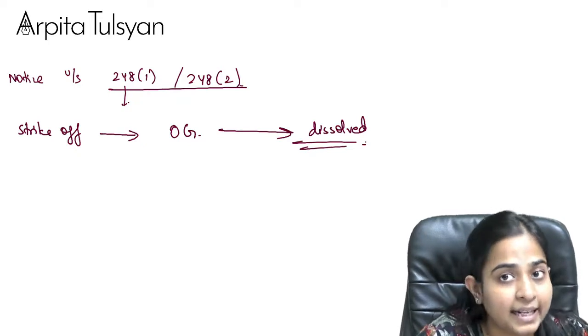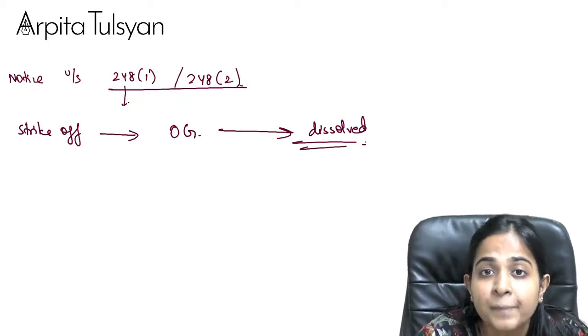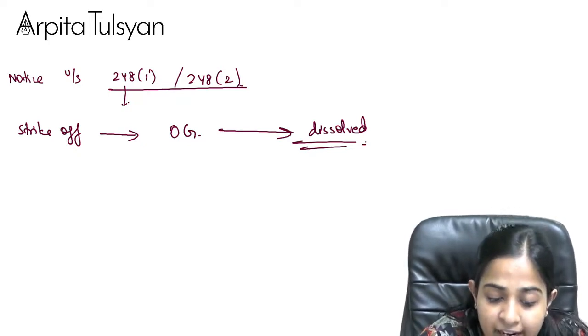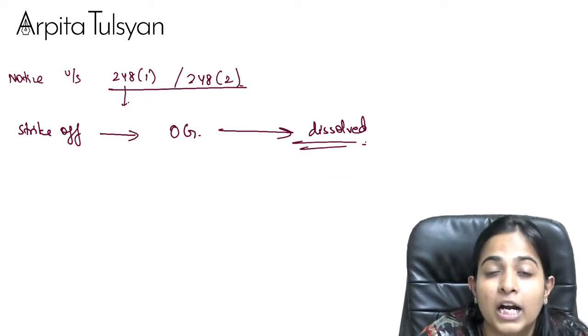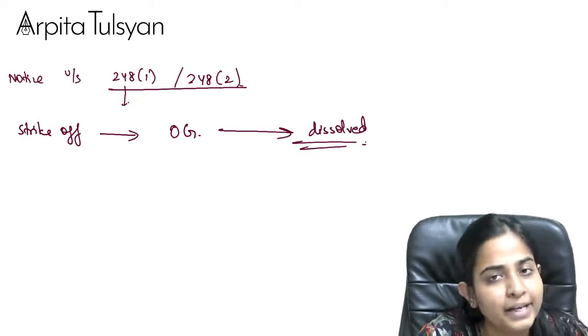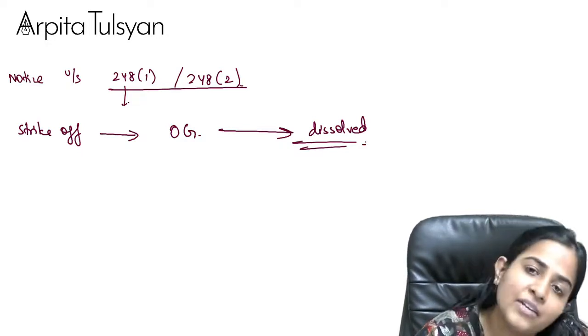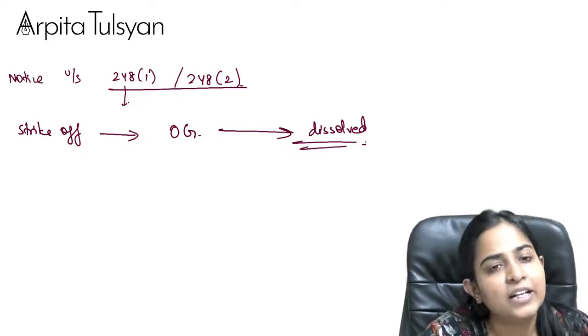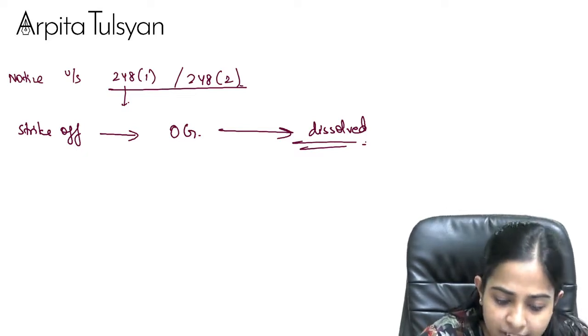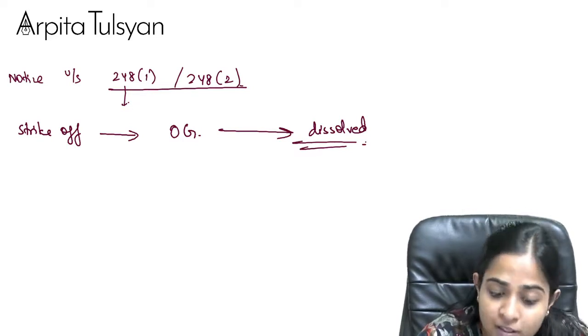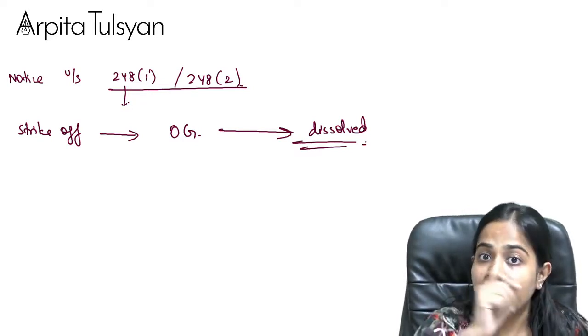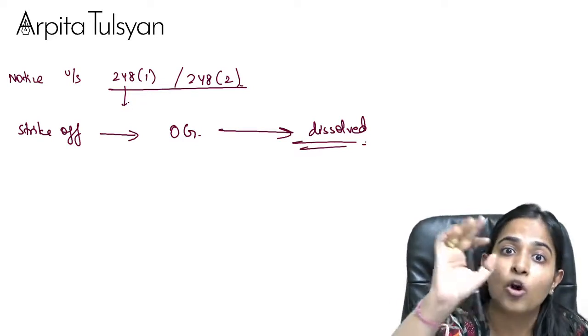We will also take a declaration from the management that if there are any unpaid or undisclosed liabilities, then all of you will be liable. Basically, we are trying our level best that the creditors of the company should not be affected. And section 248 says that the liability of the persons in charge will remain as it is, as if the company is not dissolved.